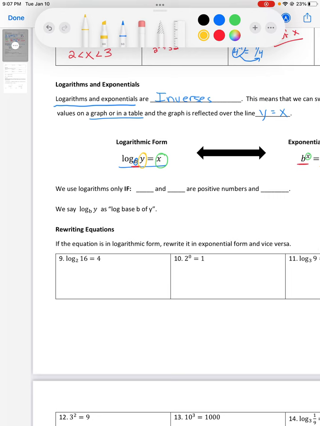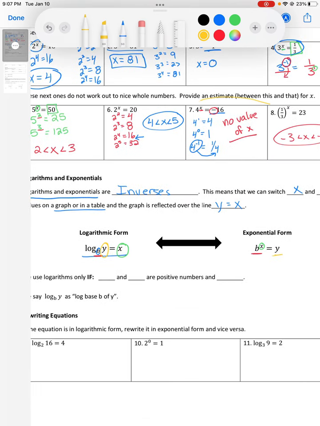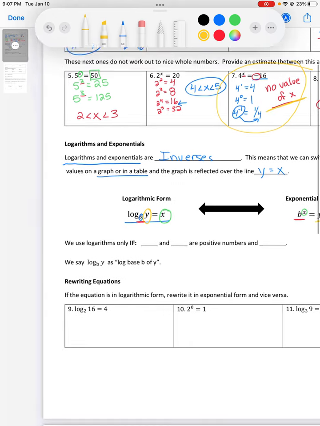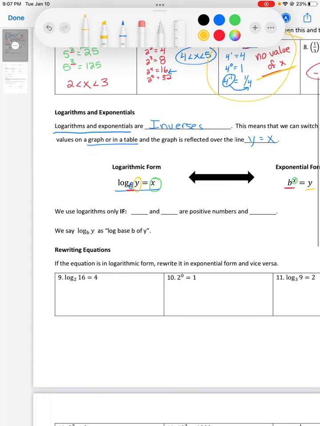Okay, so if you remember going back here with this exponent, there are certain x values we couldn't use. And so that comes down here. We can use logarithms if and only if y and b are positive numbers, okay? So this y and b in here, they have to be positive.